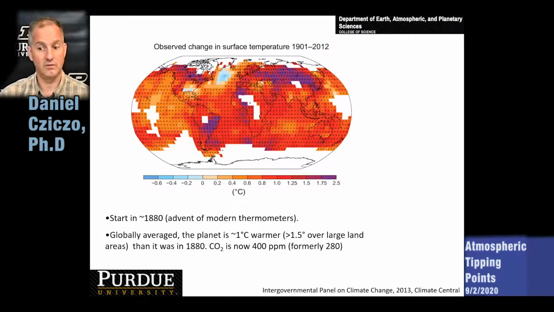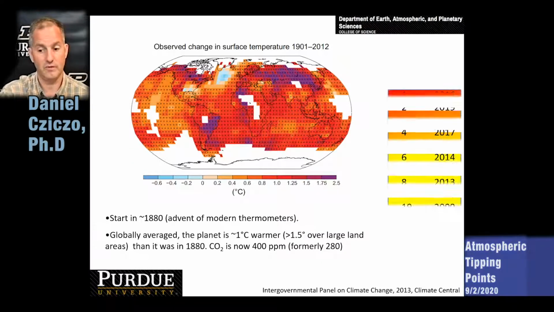The figure here is since 1900. We have data going back to the 1880s. Globally averaged, the temperature of the planet is now greater than 1 degree C warmer, close to 1.5 degrees over land, actually slightly more in recent years than it was in 1880. CO2 has gone from 280 parts per million to 400, this increase of more than 40%.